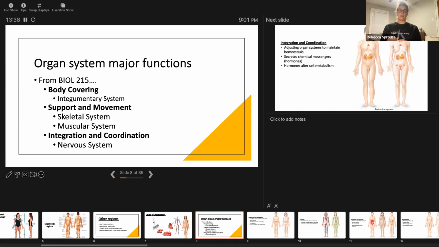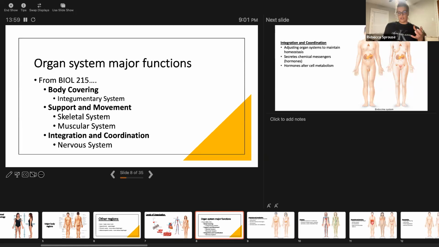Integration and coordination, that's going to be your nervous system, and then another system we're going to talk about in a second. But integration and coordination, think about chemical messages being sent throughout the body. We know that the nervous system fires nerve impulses, right? So that's going to be integration, coordination, sending those messages to make something happen.